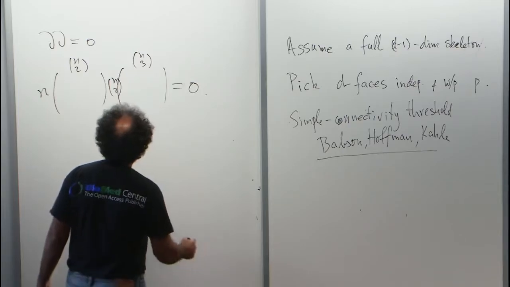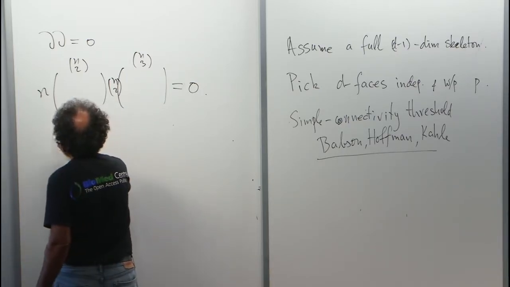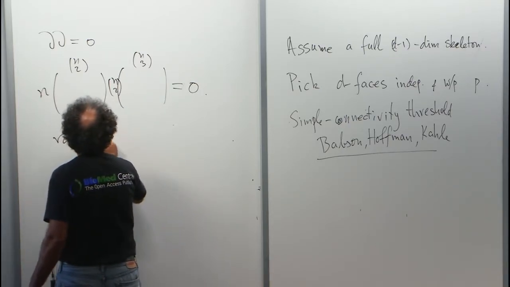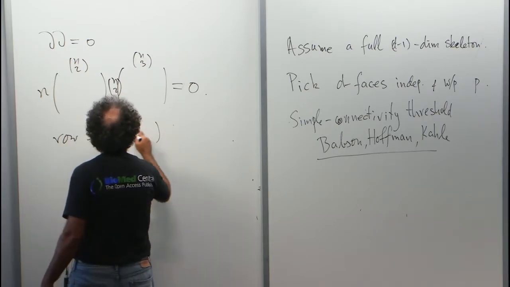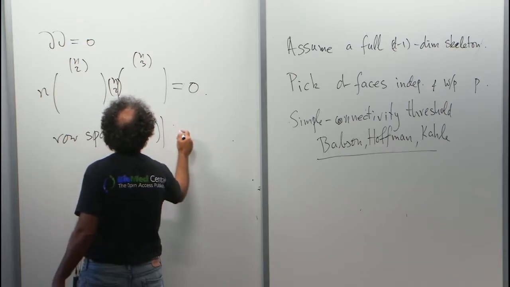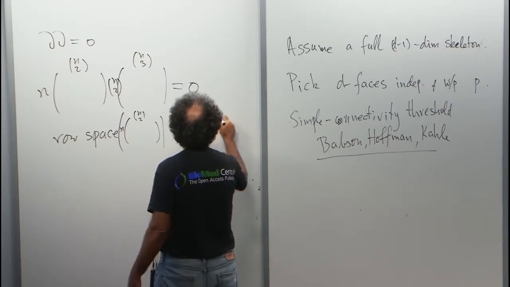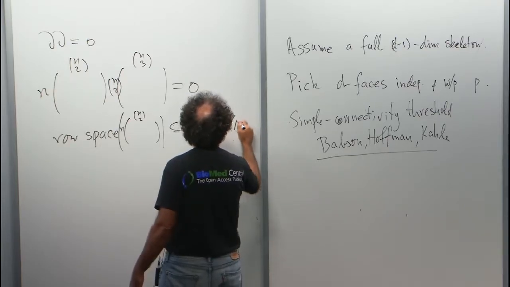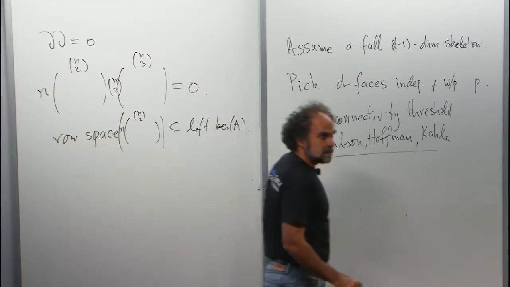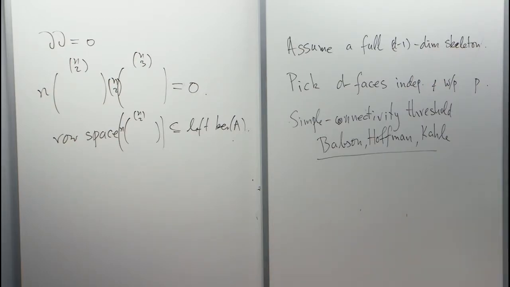So in particular, all the row space of this n by n choose 2 matrix is contained in the left kernel of this matrix A. So that's always there. And non-trivial means other than that.